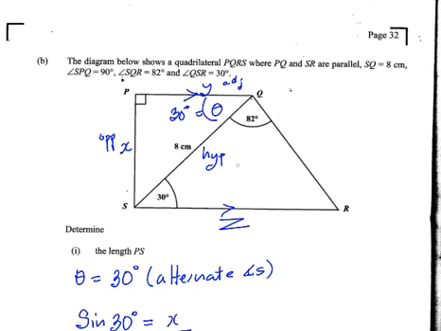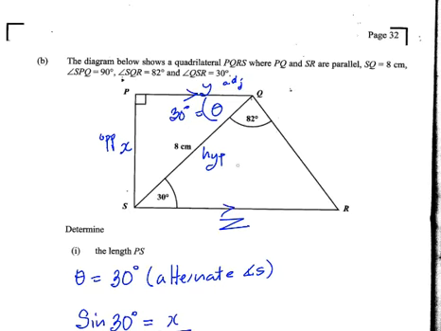Alpha would be equal to 180 minus the sum of 82 plus 30. So it's 180 minus 112. So this is 68 degrees.